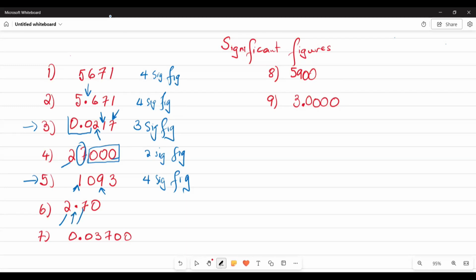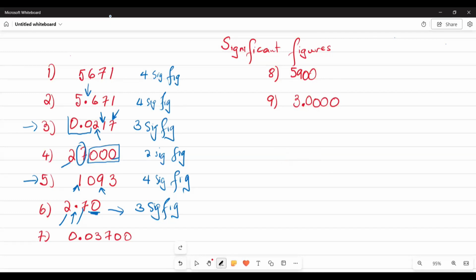Because of this decimal point, this 0 at the back will become significant. So we have 3 sig fig. Bear in mind that in case number 4, which was this, there was no decimal point in this figure. And that is why we only had 2 significant figures right there, right?